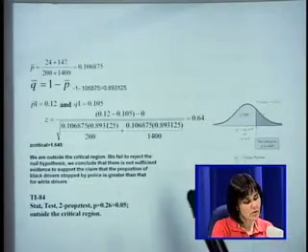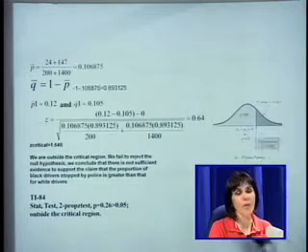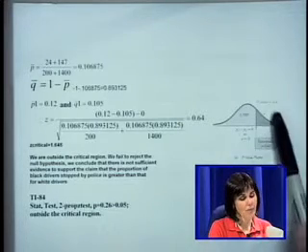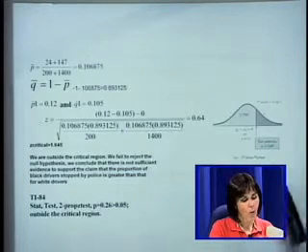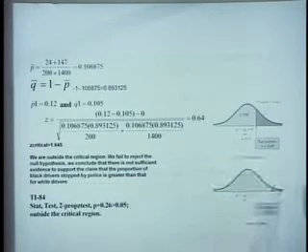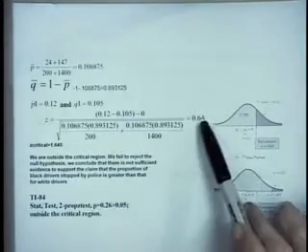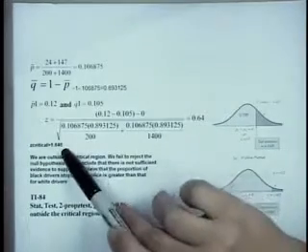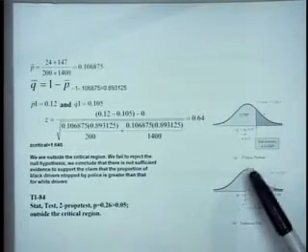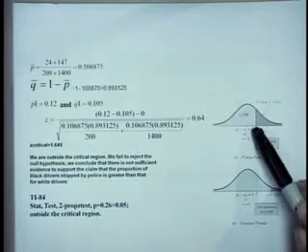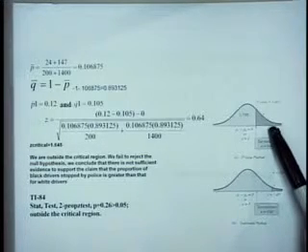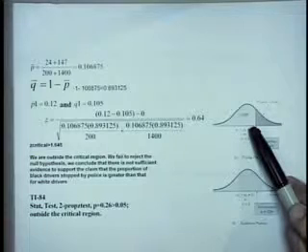You can compare this to 0.05 if you are calculating the p-value. Or you can compare the test statistic of 0.64 to your critical z, 1.6, and you'll end up at 0.64 here versus 1.6, which is here. That means you're outside the critical region.